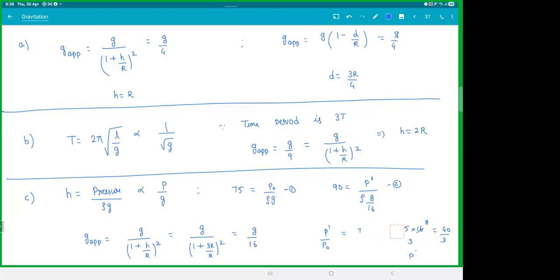That's 6 by 75. That is 3 by 40. So 3 by 40 is the answer. Clear with that? 3 by 40.